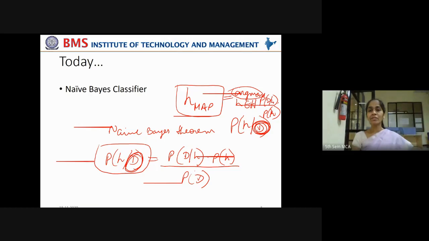The denominator is omitted because it is just the probability of D, not in relation with h, so it stays constant until some hypothesis is specified. Finally, you get H map as argmax of h belongs to the hypothesis space, probability of D given h multiplied by probability of h. That is your maximum a posteriori hypothesis representation. Now let us see how it can be used to create a naive-Bayes classifier.